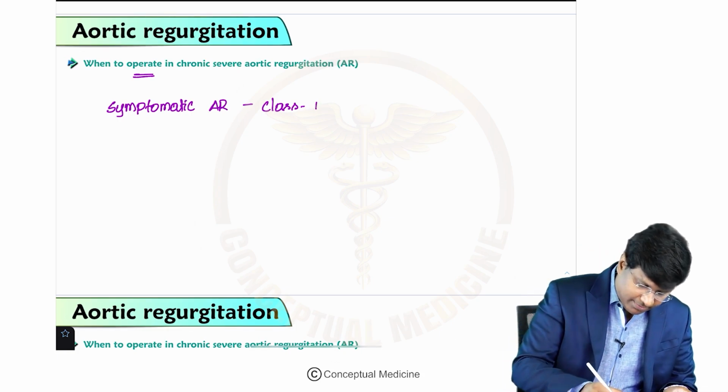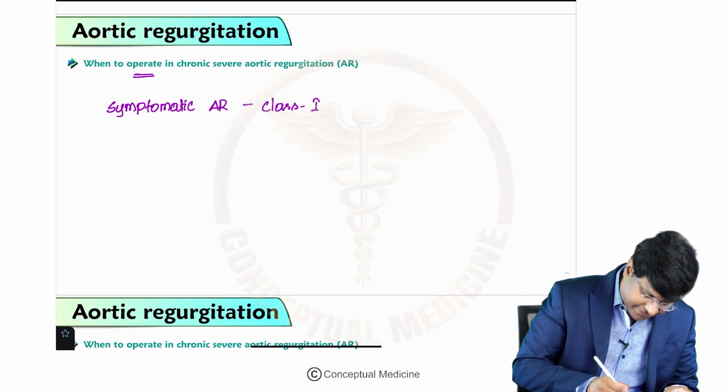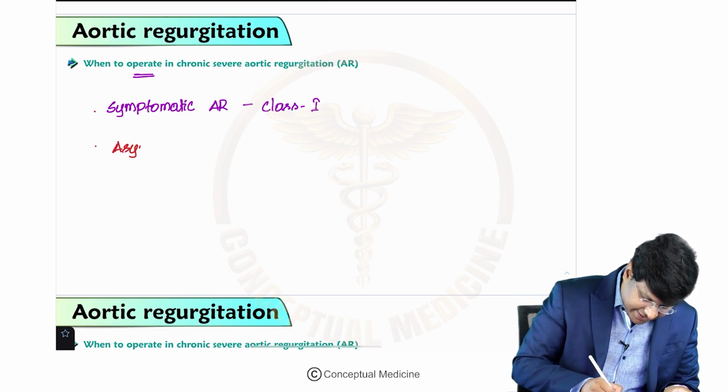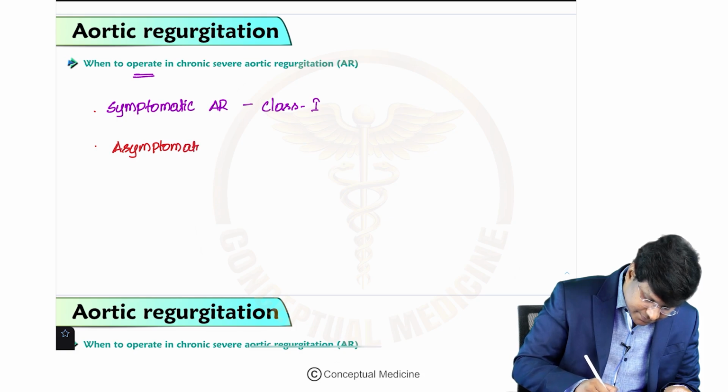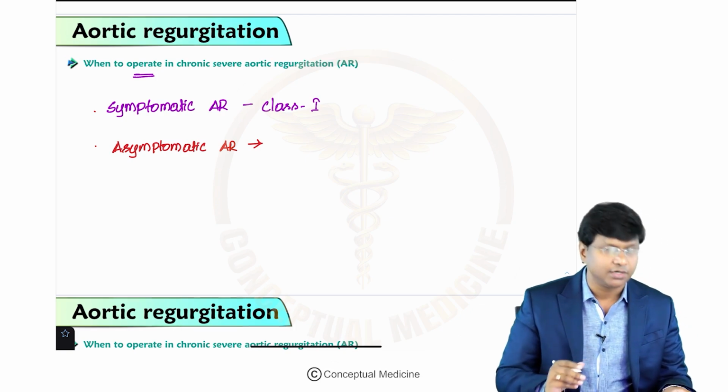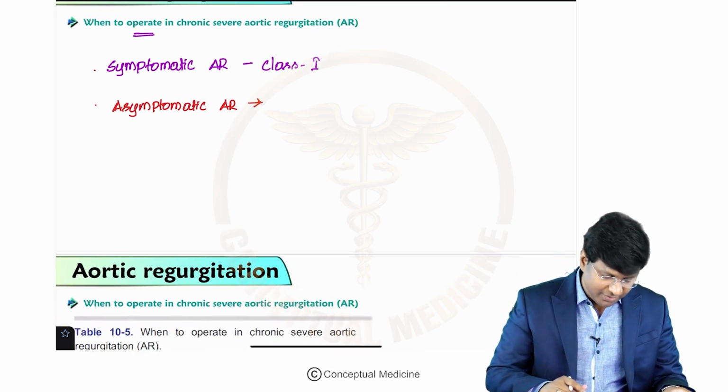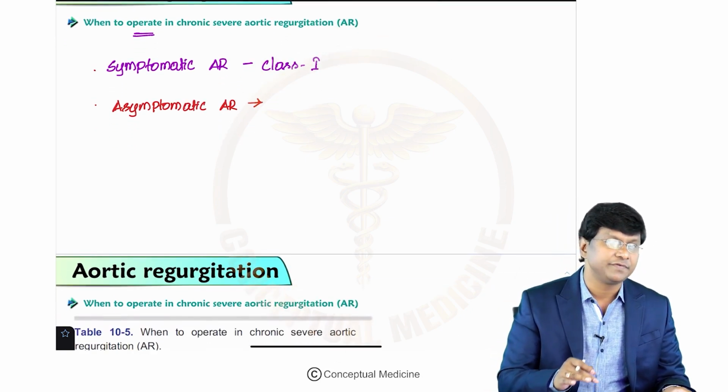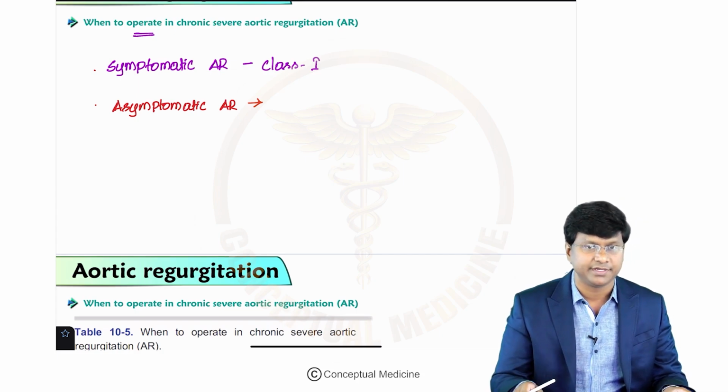Right, and what about asymptomatic patients? Even asymptomatic aortic regurgitation, even these patients have to undergo the surgical treatment. But what is the indication in case of asymptomatic chronic severe aortic regurgitation?